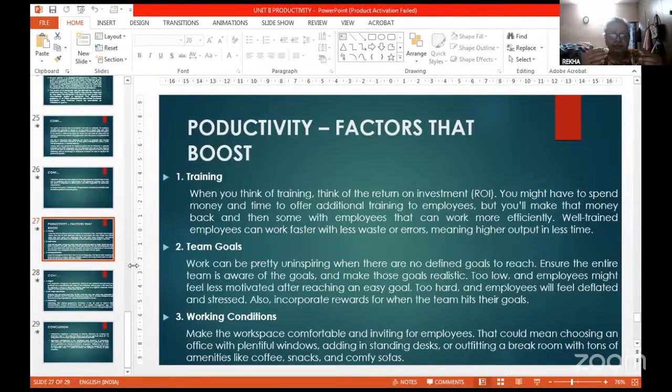Then team: the whole bunch of workers working on that process should work like a team. There should be a functional relationship between the different members, so that they know exactly what to do and how to do it, and maintain a cordial relationship with each other. Then the working condition, whether it is conducive or not, whether they are comfortable in it or not.